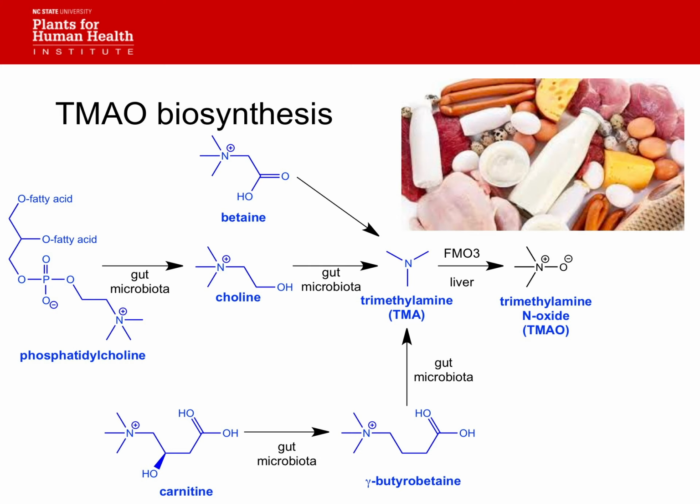This trimethylamine is then absorbed, and in the liver, flavin monooxygenase 3 adds this oxygen, creating a positive charge here, and this molecule, trimethylamine N-oxide, is what you get when you consume things rich in betaine, choline, phosphatidylcholine, and carnitine, so meats, fish, eggs, and dairy products. You get elevated levels of these metabolites.